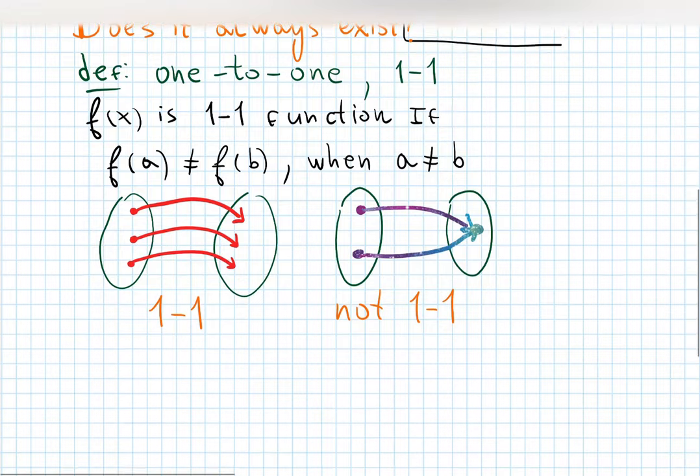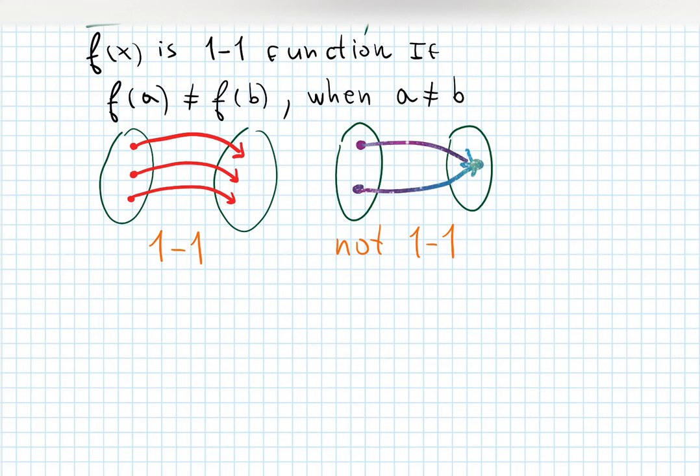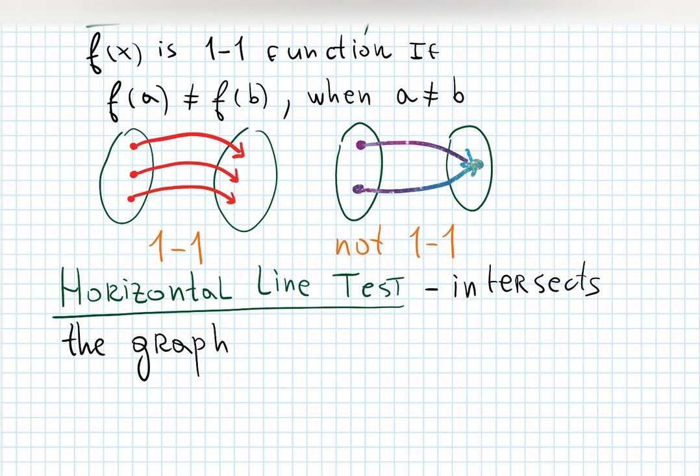If a function is one-to-one, you can find the inverse problem. So how do we find out? One of the ways to find out is horizontally, using the horizontal line test. The horizontal line test says a horizontal line should intersect the graph, or graphs, doesn't matter, not more than once.